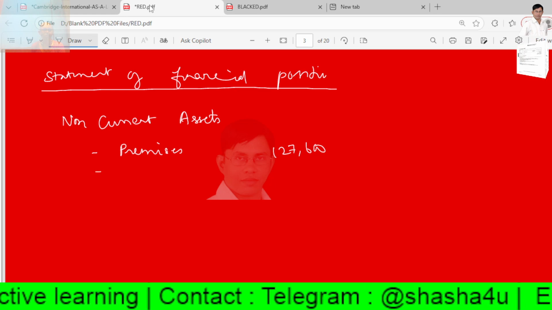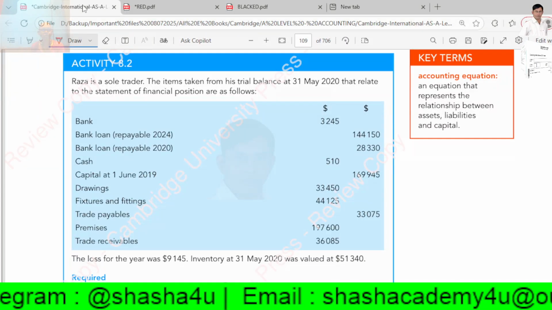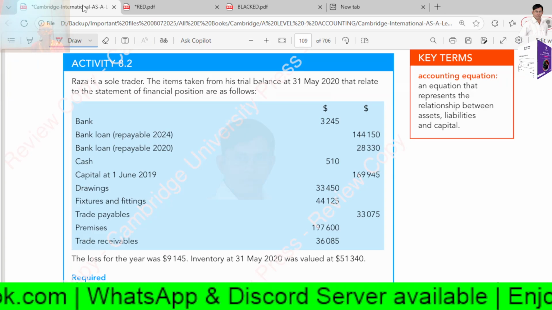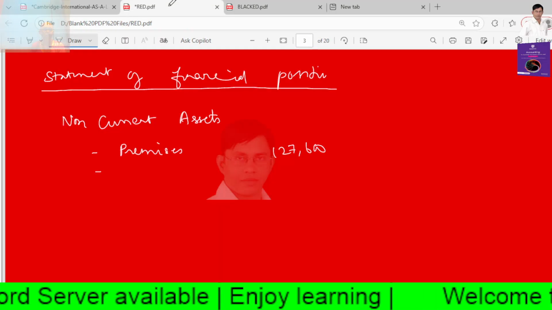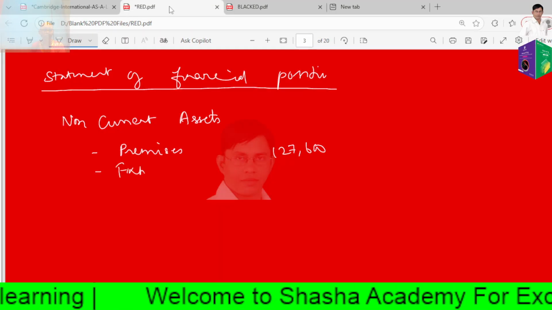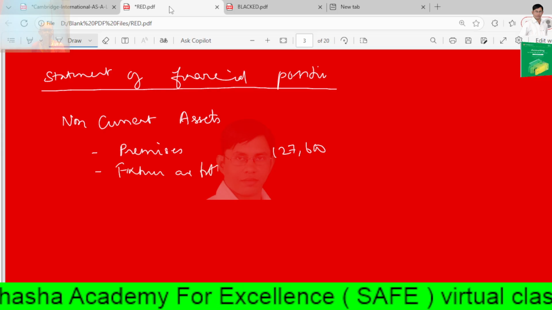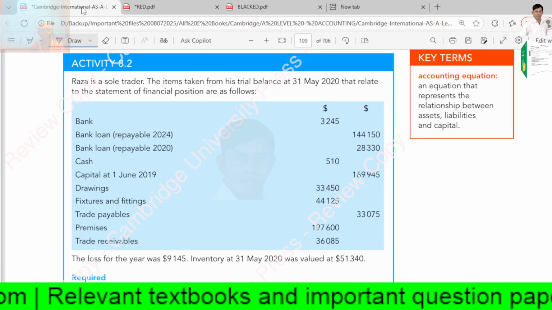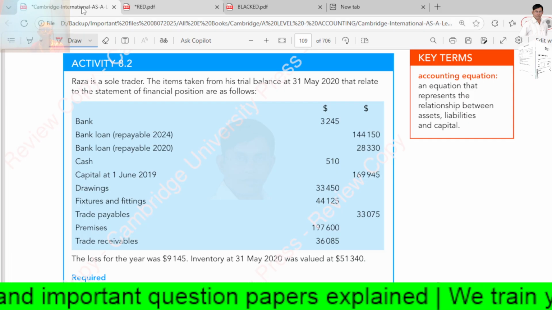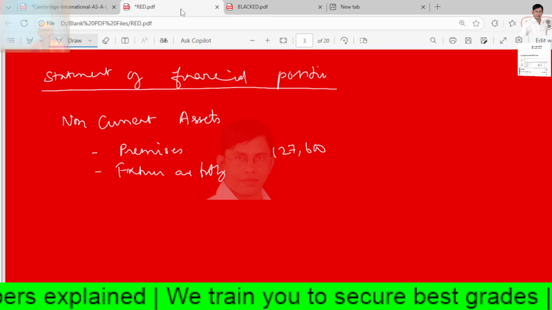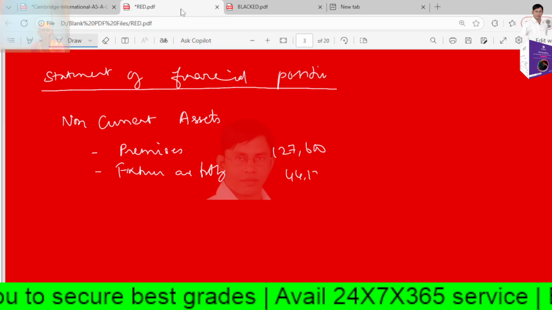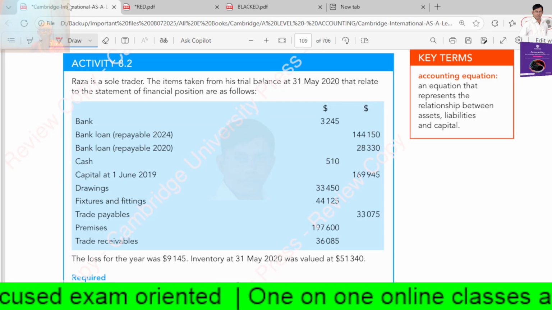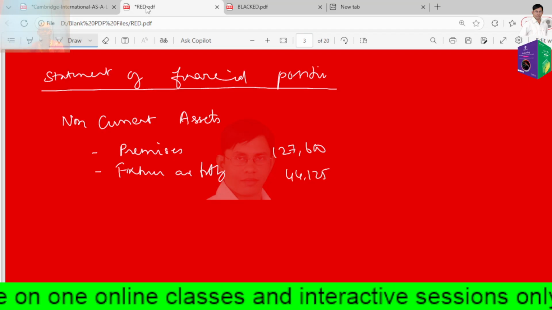The next item which is a bit lower is furniture, fixtures and fittings, which is 44,125. Are any other fixed assets there? No, only two fixed assets. Very good.